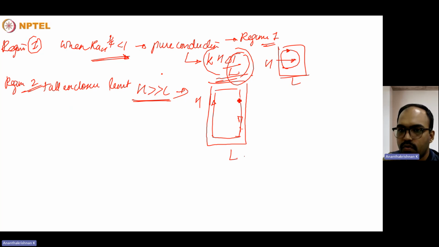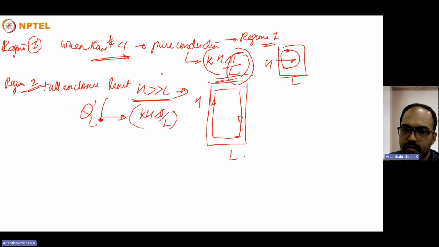The heat transfer rate is of the order of the same K H delta T divided by L, just like the previous case, and the clockwise circulation is characterized by distinct layers in the vicinity of the top and bottom walls. So there will be clear-cut demarcation between the layers at the top and bottom walls.